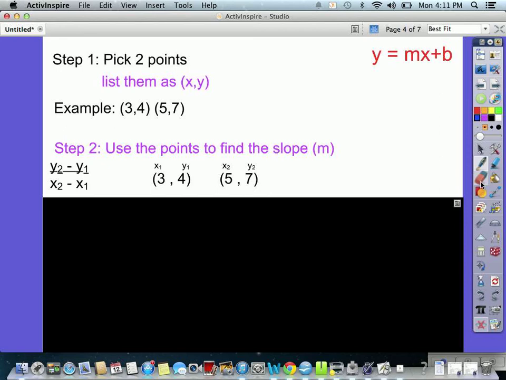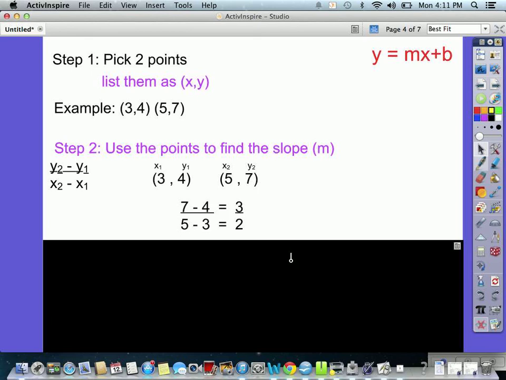Now I need to substitute for my variables in my equation. So I took my numbers from my points, or my ordered pairs, and I put them into my linear slope equation. This is just for your slope, your m.